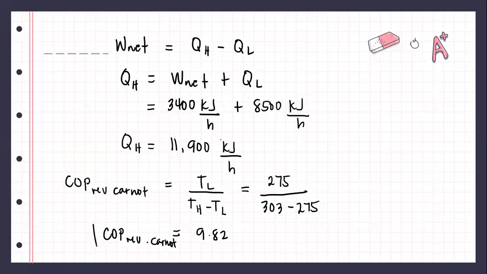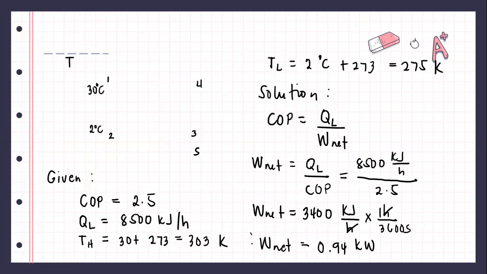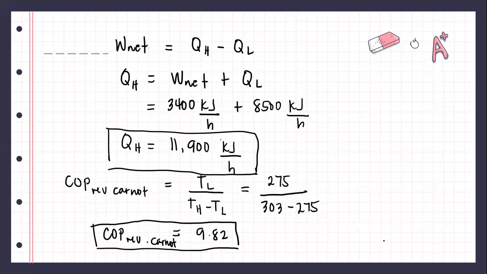Therefore, we have a COP of the reverse Carnot of 9.82, Q_H of 11,900 kilojoule per hour, and W net of 0.94 kilowatt.